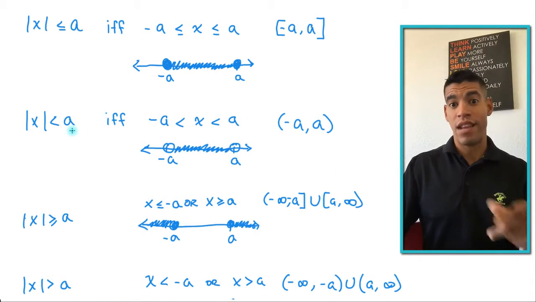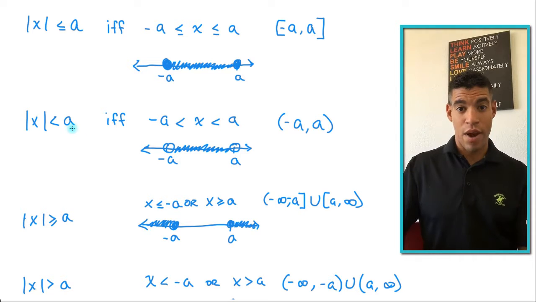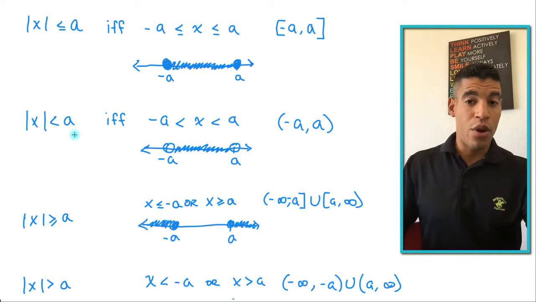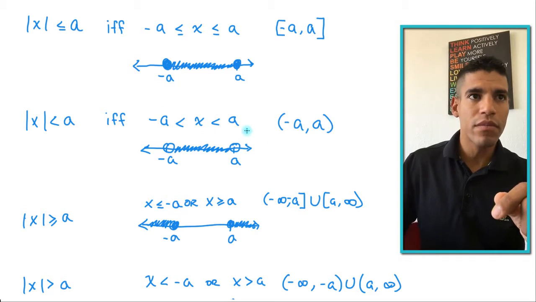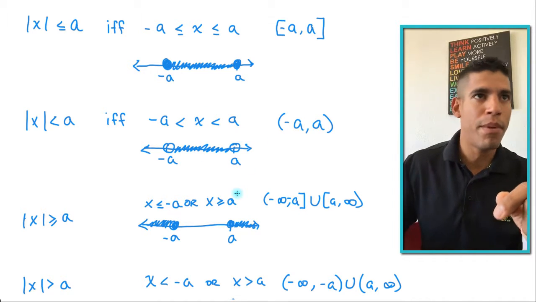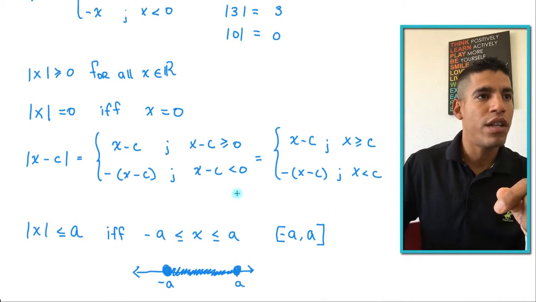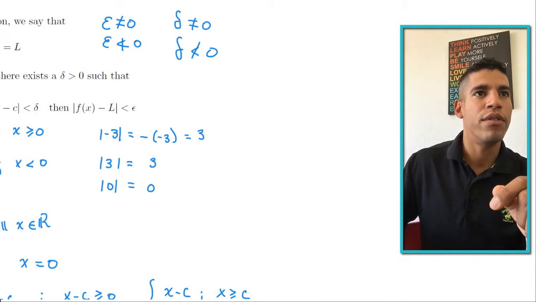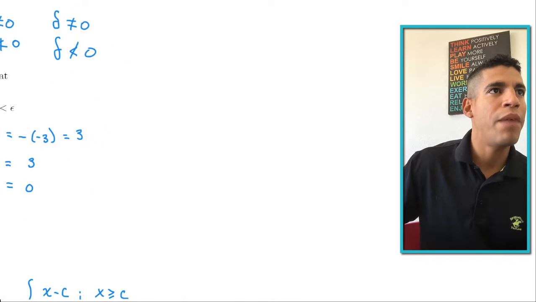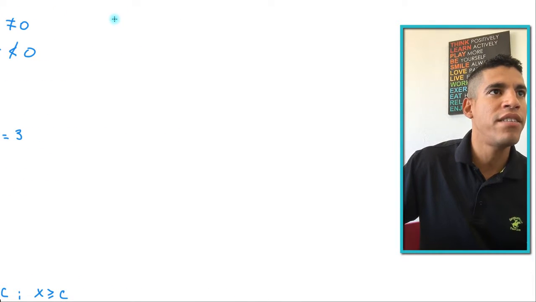Because it's the one that has less than to the right of the absolute value. So look at this definition. That's exactly the one we're going to use. So let's go up. Let's turn a little bit to the right. Well, more. There you go. So absolute value of x minus c less than delta.